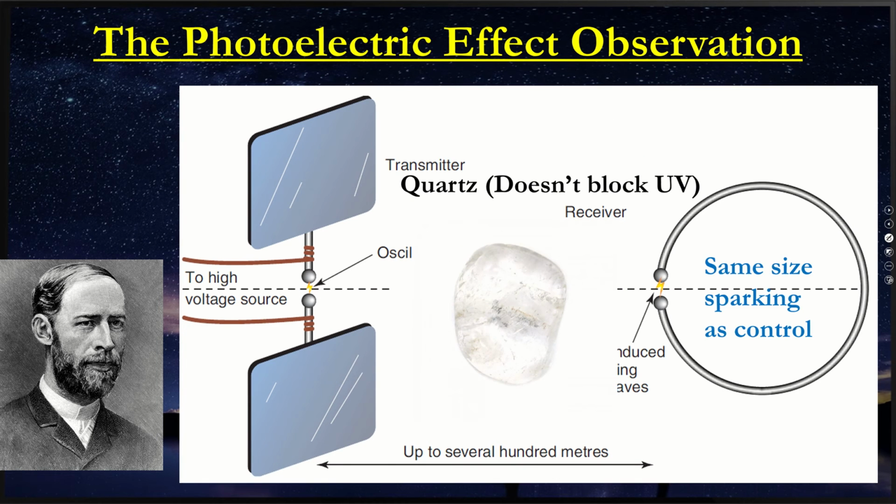He also did another one. He used quartz, which blocks off UV light. What he also found was once the quartz was used, the spark went back to the original spark level that he had when he first started the experiment.